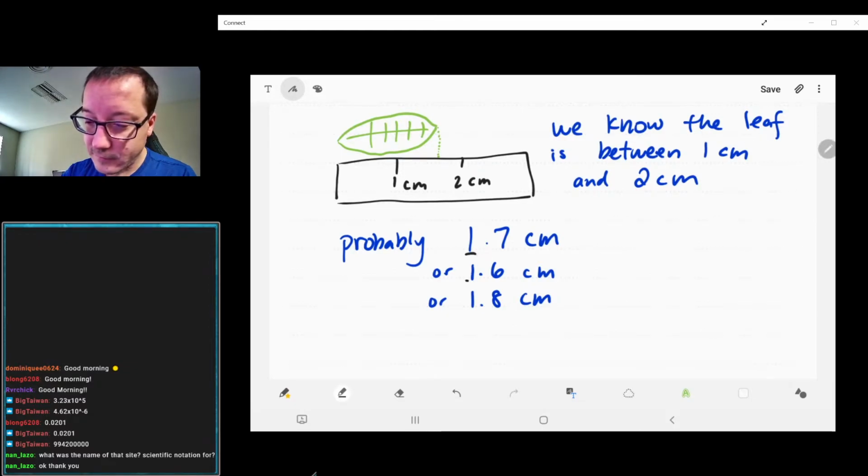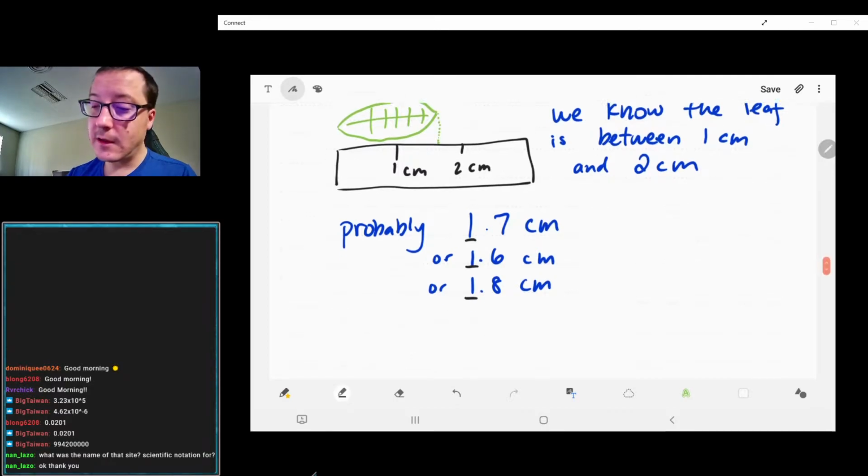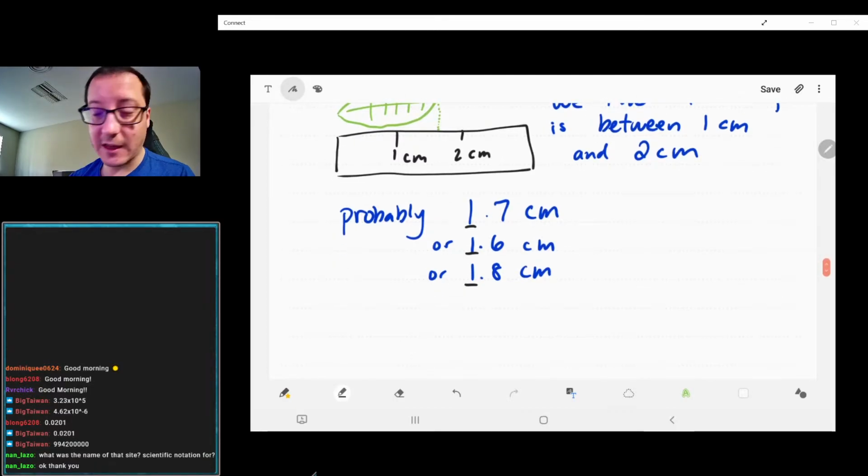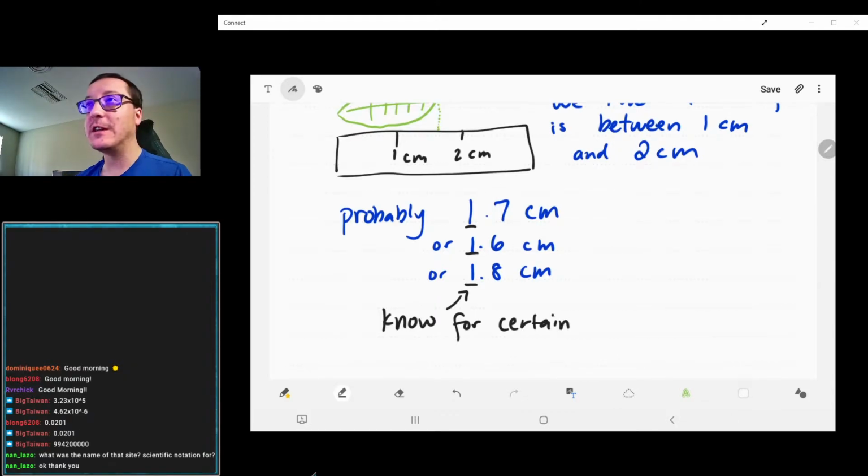Notice, though, that all of these have the same digit before the decimal point, because we know with 100% certainty that it is bigger than 1 centimeter and smaller than 2 centimeters. So the number on the left should be 1. We know it's greater than 1, but less than 2. However, how about purple? Too many colors.